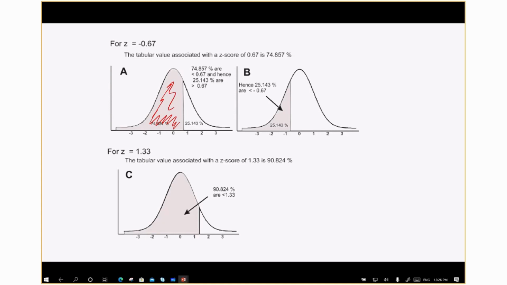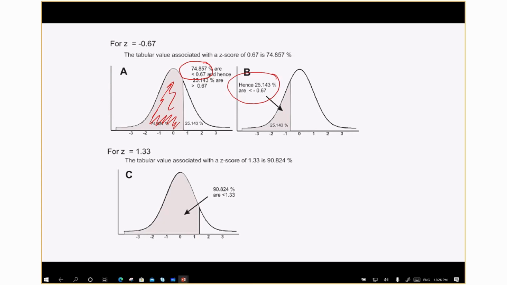But what's going to save us is that the Z distribution is symmetrical. So if we know that 75% has a greater value than 0.67, then what we can say from that is that 25% are going to have a value that's less than minus 0.67.